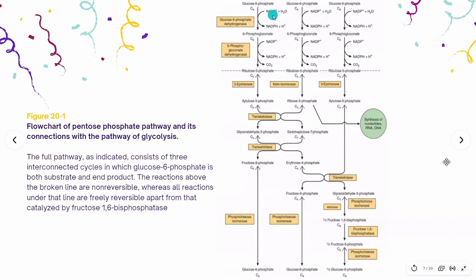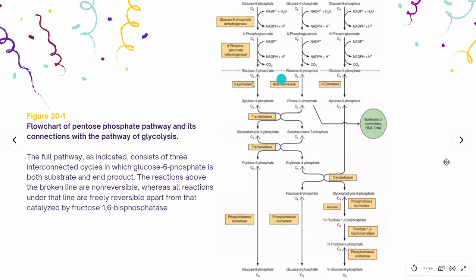And you know that dehydrogenase, it is oxidized, NADPH is formed right away. And not only there, the second enzyme that acts on it also produces NADPH, and at the same time removes 1 carbon in the form of carbon dioxide. So from a 6 carbon hexose, now from here it becomes a pentose.